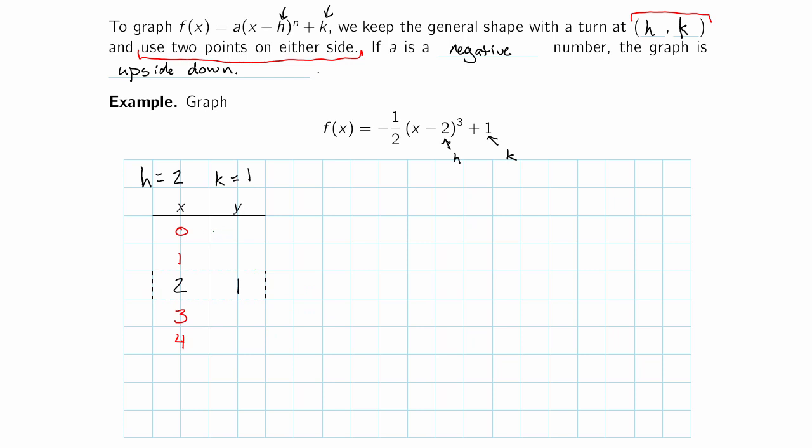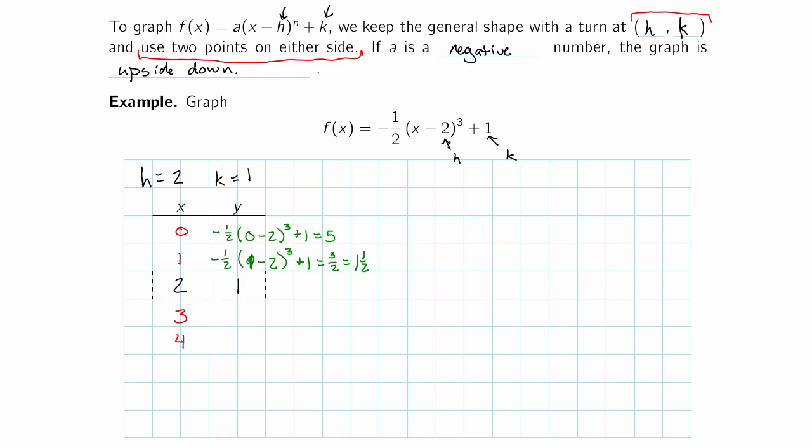So when x is 0, I have -1/2 times 0 minus 2 to the third plus 1. Putting that into my calculator, I have a +5. When x is 1, I have -1/2 times 1 minus 2 to the third plus 1. Putting that into my calculator, I get 3/2. But I know I'm going to be graphing, so I like mixed numbers.